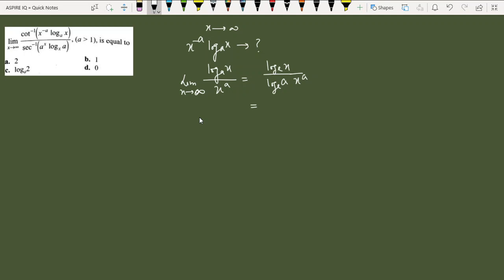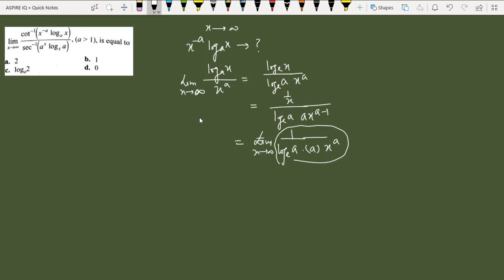Now using L'Hospital, that is 1 by x log_e a, and a x^(a-1). So what we can say, log_e a and x to the power a, so limit x tends to infinity. For x tends to infinity, this expression approaches 0.